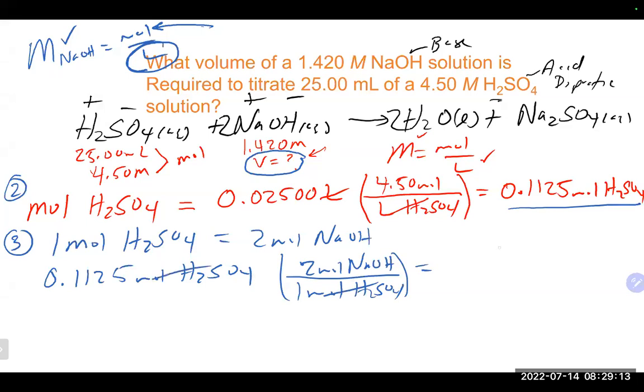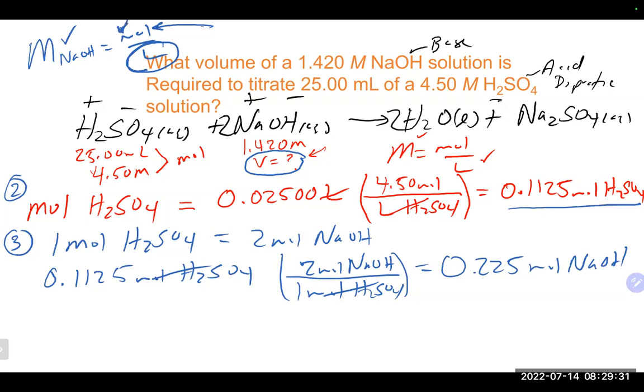Those cancel, and we multiply by 2, which gets us 0.225 moles of sodium hydroxide. That is the stoichiometry part, and that now gives us the moles for the sodium hydroxide.